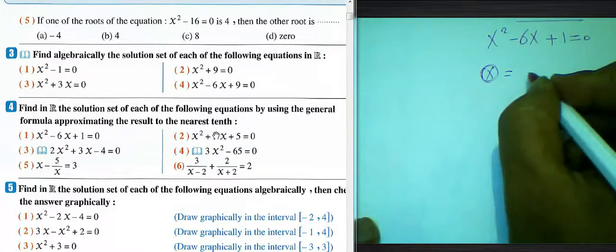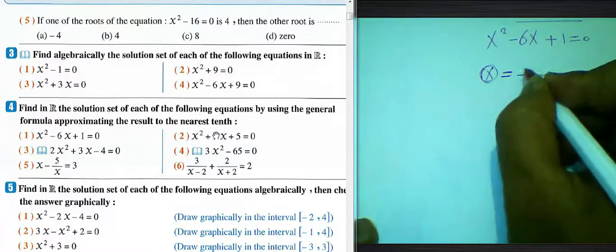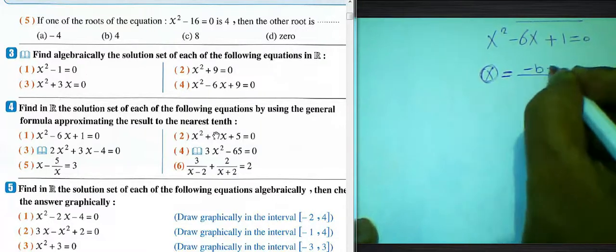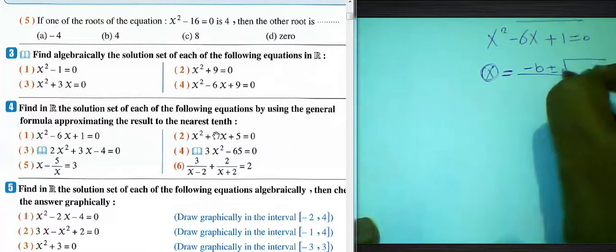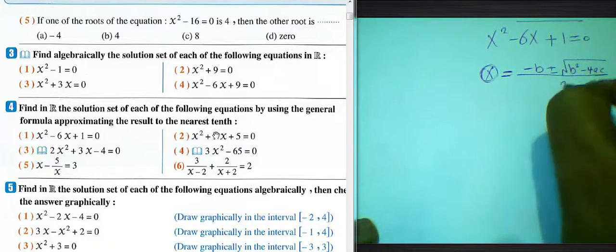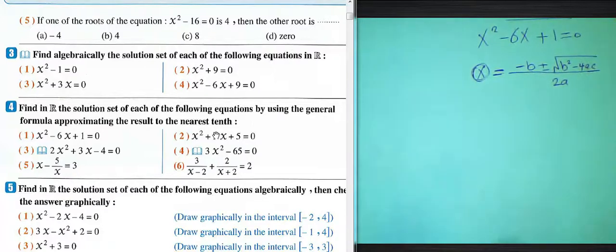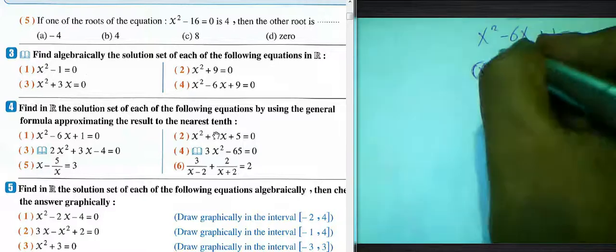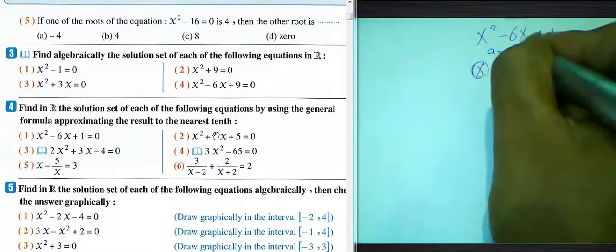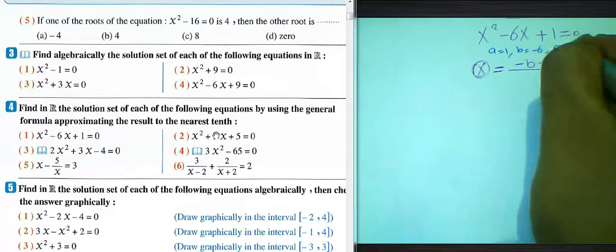The general formula tells us x equals negative b, positive or negative, square root of b power 2 subtract 4ac, divided by 2a. And then we must know a equals 1, b equals negative 6, and c equals 1.